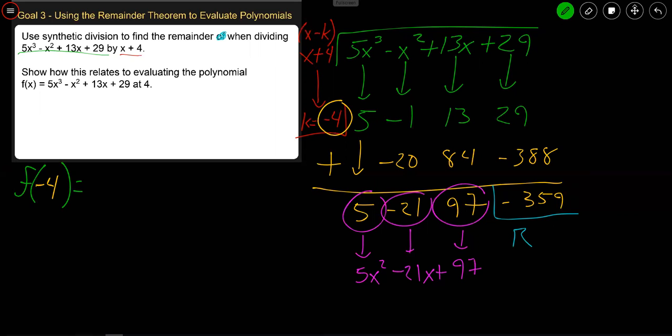So remember, my polynomial is 5x to the third minus x squared plus 13x plus 29. But we're plugging in a -4 for all these values. And this is going to be a little bit messy.